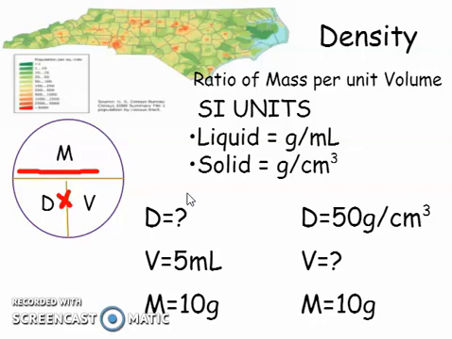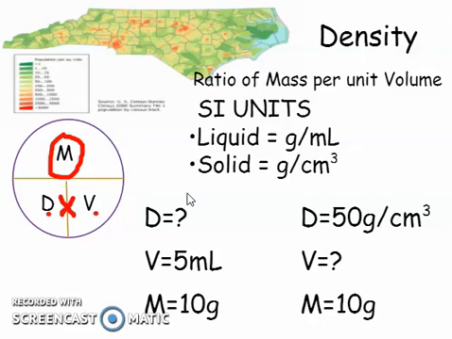So if I want V, volume, I just do mass divided by density. If I want density, I do mass divided by volume. And we're always going to give you at least two of the three here. And lastly, if I want mass here, I do density times volume to get mass.